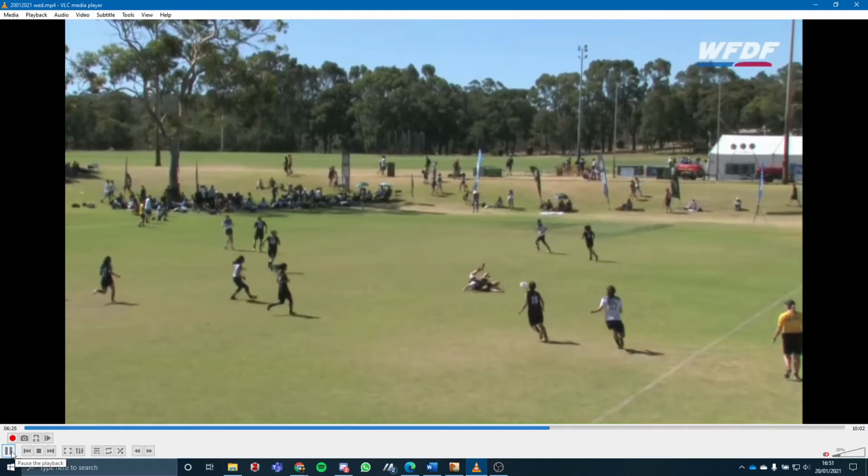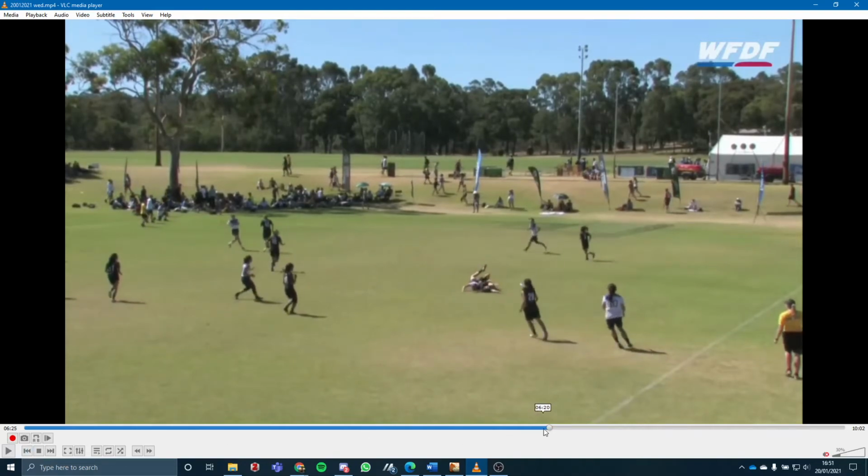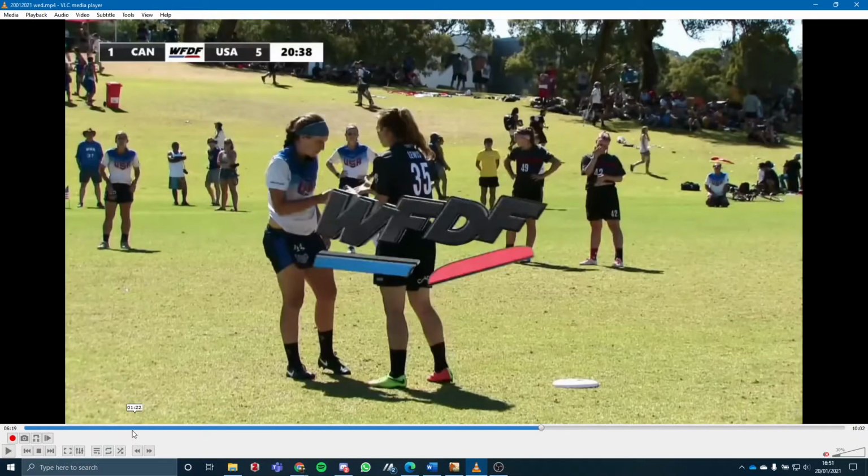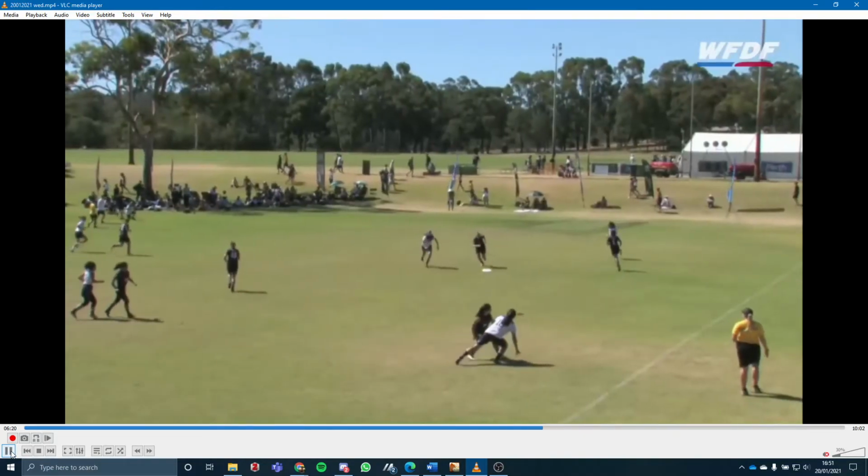White changes direction more than Black, I think. Yeah, so I would have probably said that it was either not a foul, but just incidental contact. So they both went to the disc and they both went into each other, and therefore they both hit each other, but because they did it kind of equally, you say it's incidental contact because they both did it in the same way.